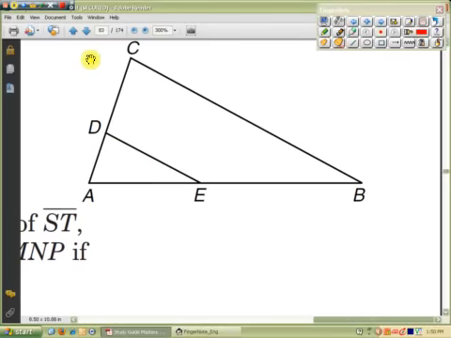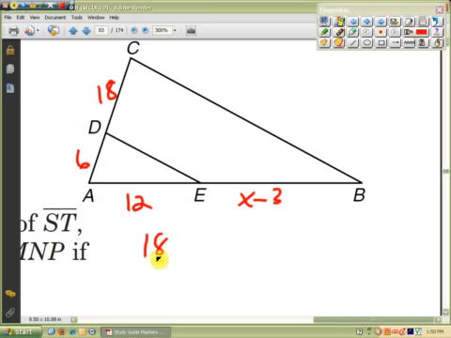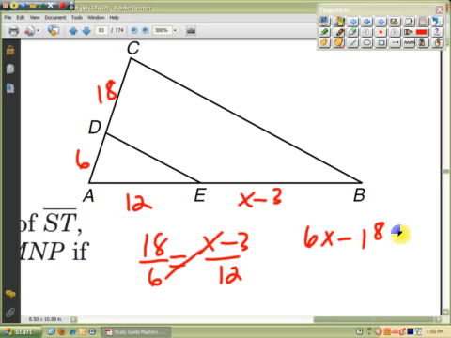For number 4, they say DC is 18, AD is 6, AE is 12, and EB is x minus 3. So basically it's the same type of problem. I can set up the proportion for my left side, but that means I have to set up the proportion for my right side. Cross multiply here, I have 6x minus 18. 6 times x and 6 times negative 3, and then I have 18 times 12.